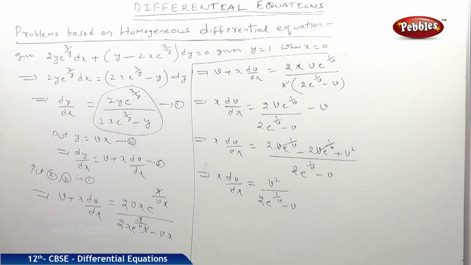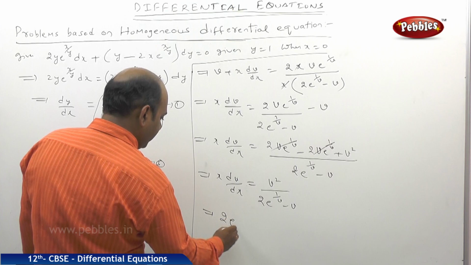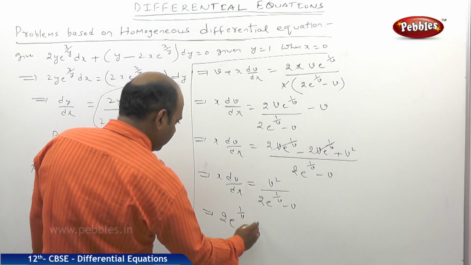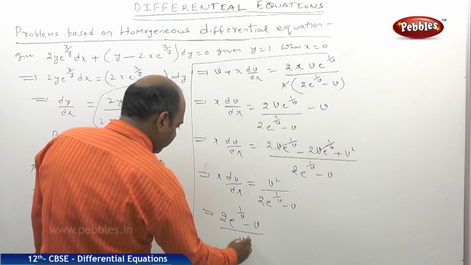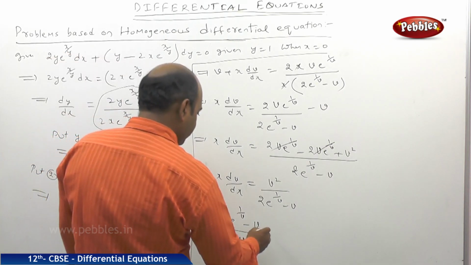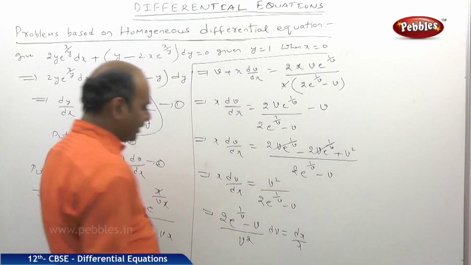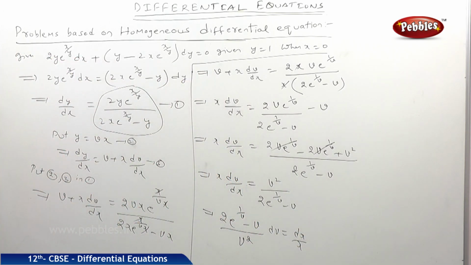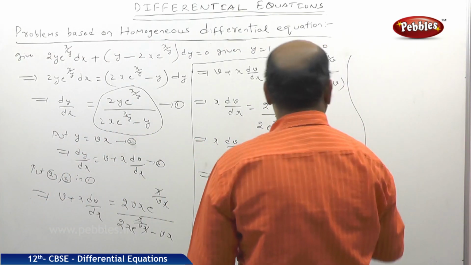I think now we can go by the variable separable method. So what happens? That implies 2e power 1 by v minus v divided by v square into dv is equal to dx by x. So finally what happens? That implies integral on both sides.